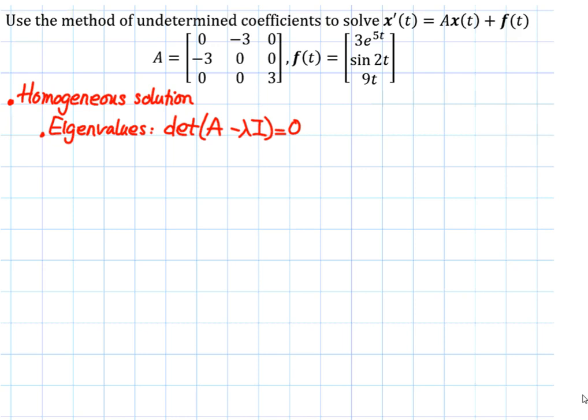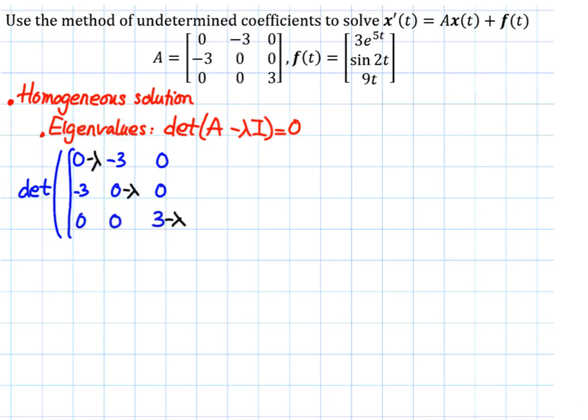So we have the determinant of, I just copy that matrix, and we subtract lambda on the diagonal. Determinant of that should be equal to 0. Right. So this should be easy.